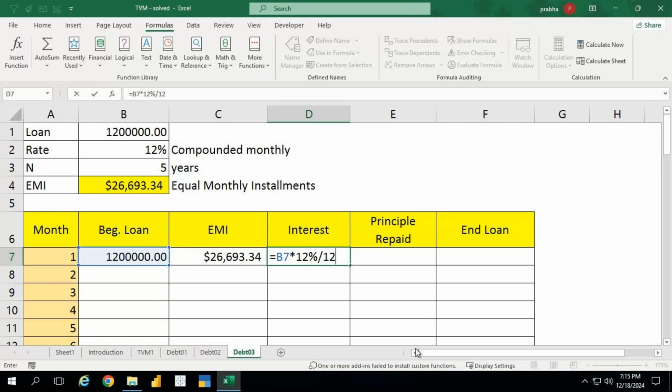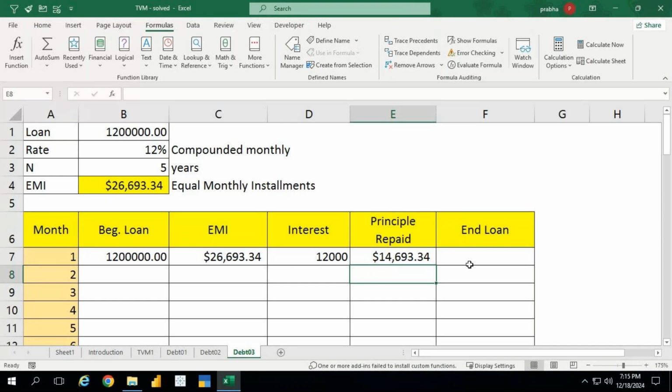Why? Because compounded monthly, so there are 12 months. Principal repaid will be equals EMI minus interest. So this will be my principal repaid. End loan will be equals beginning loan minus principal repaid. So this is my end loan. This will become the beginning loan for the next month.